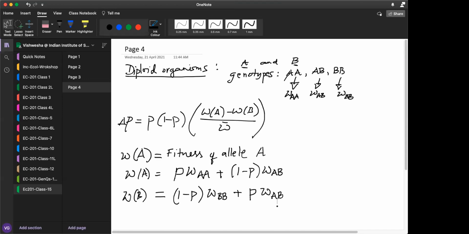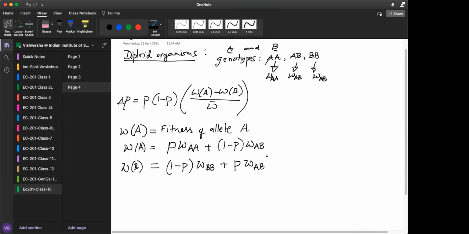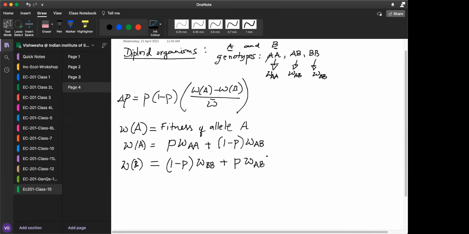So it is the individual fitness of each genotype, which may have a corresponding phenotype. And of course, that exact genotype-phenotype matching will depend on various factors. For example, if there are dominant or recessive alleles, then the kind of fitness you observe will be different, and so on and so forth.